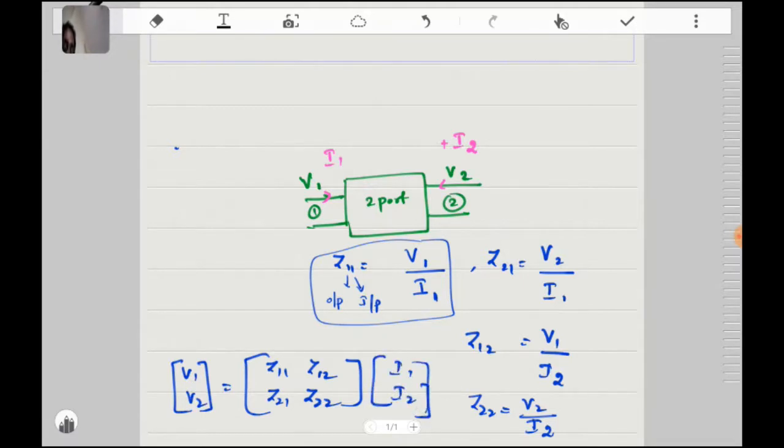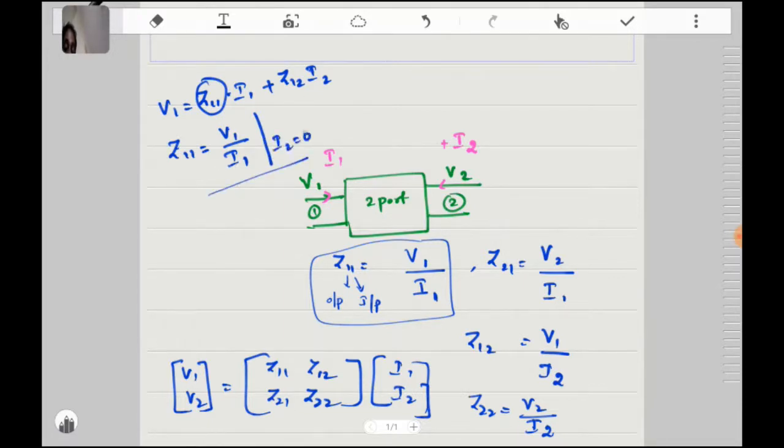So V1 equals Z11 times I1 plus Z12 times I2. Let us keep things simple and take only Z11, the rest is similar. We need to find out what Z11 is. Z11 equals V1 by I1, provided that, this is very important, I2 equals 0.